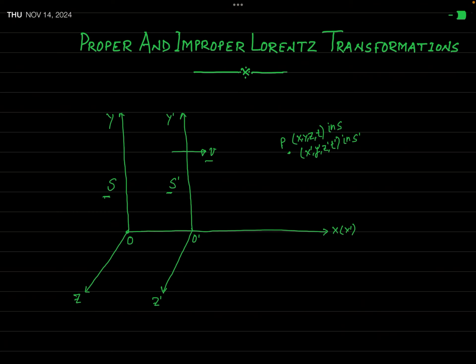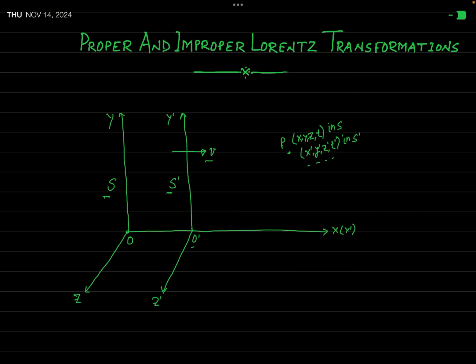It means in frame S the event takes place at a point whose space coordinates are x, y, and z, and the time at which the event takes place is t. But when the same event is observed by the observer O prime of the frame S dashed, the specification of the same event by that observer is x dashed, y dashed, z dashed, t dashed.